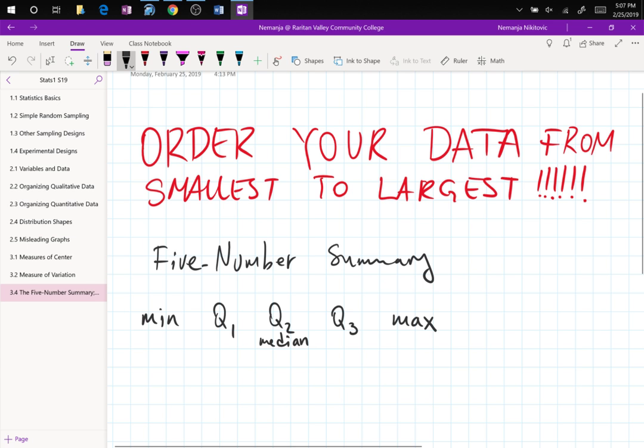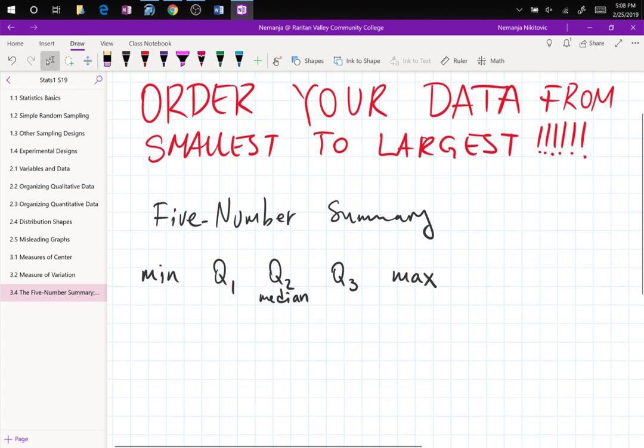So we have 5 values that we have to obtain, and these values are obtained simply by looking at the data and counting. You know how to find the median. You know that min and max are the lowest and the highest value. The median is the physical center. Q1 is the physical center between the min and the median, and Q3 is the physical center between the median and the max.